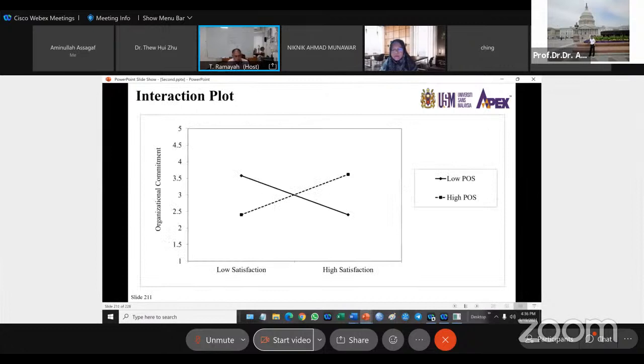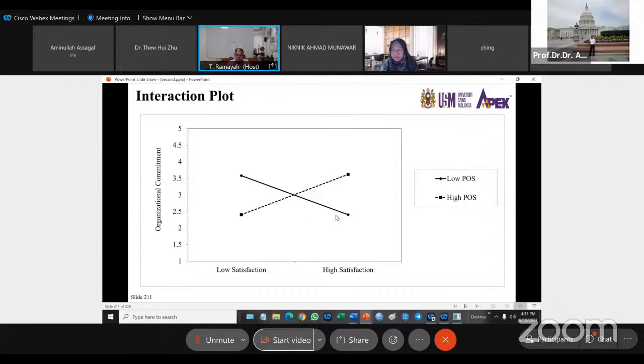Okay. If you have the relationship between satisfaction and commitment, we have a third variable called perceived organizational support. For those with high perceived organizational support, the relationship is positive. And for low perceived organizational support, the relationship is negative.